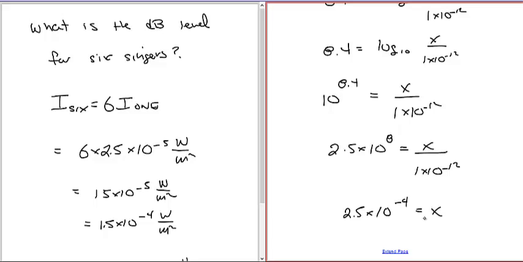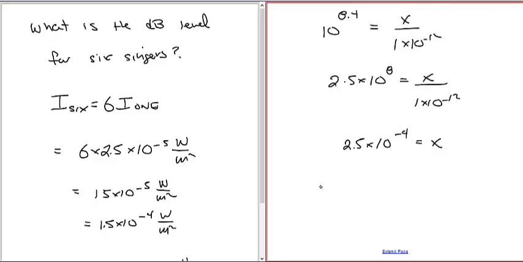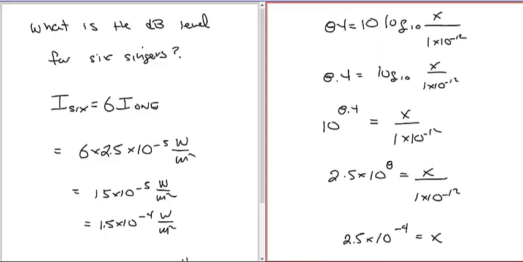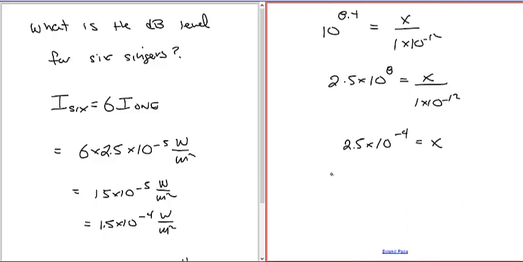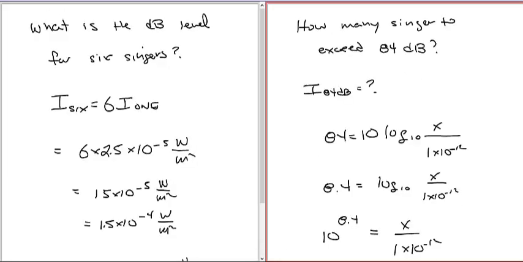So that's the sound intensity. And then all you have to do is take the, I said I was going to call it S, and then I called it X. So S is going to be the sound intensity for 84 decibels divided by the sound intensity for one singer, which is 2.5 times 10 to the minus 5.